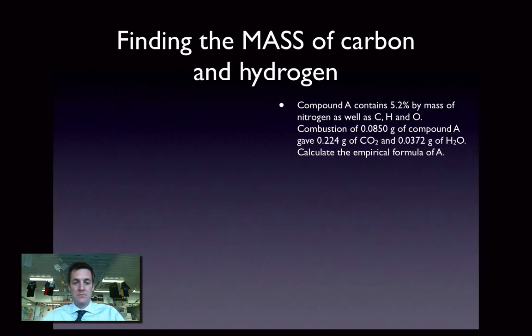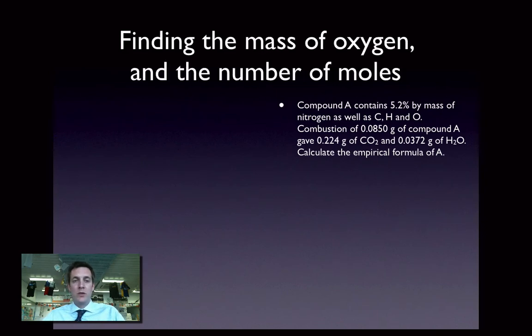Right, let's move on. What can we use that for? Well, let's find the mass of oxygen, or the percentage of oxygen, using those things, because then we can find the moles of oxygen and we'll know the number of moles of everything, and we can carry on with our calculation. So here we are. We already know that we've got 71.9% carbon.